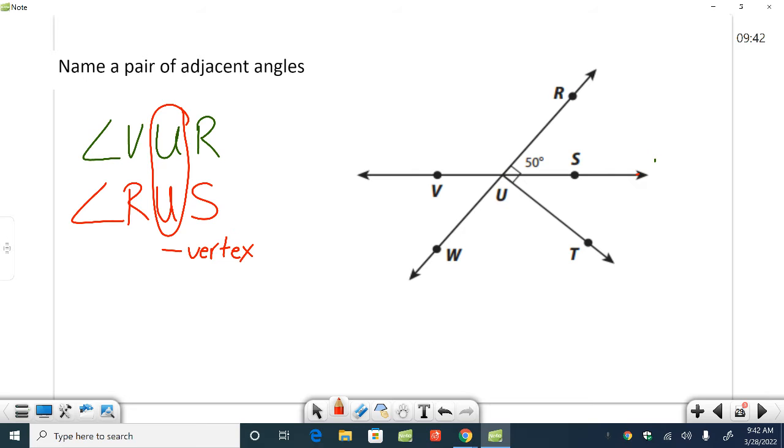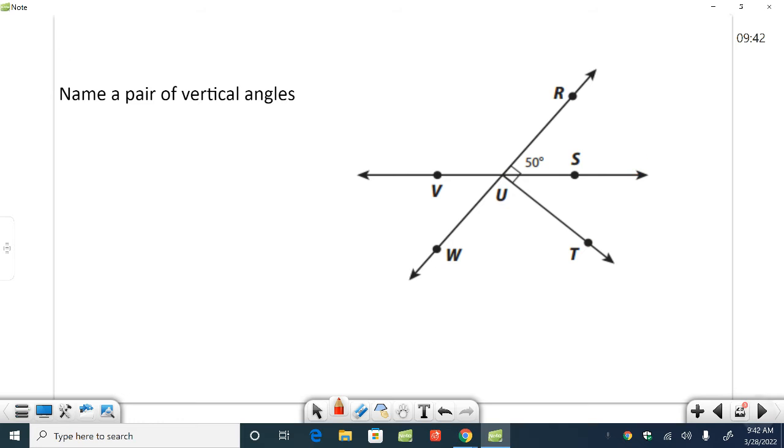Good? Okay. So the next one says to give a pair of vertical angles. So I need two angles that intersect each other. So can you give me one, Cadence? Say that one more time, buddy. V and W. V and W are not intersecting.